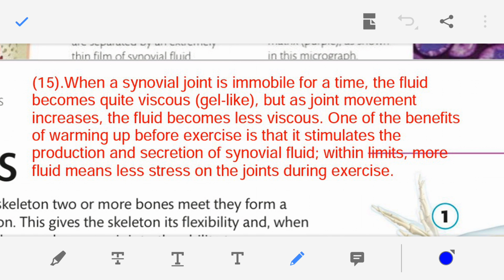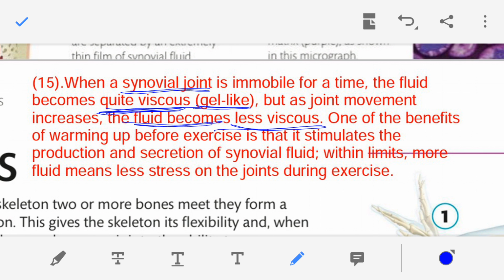So right now in your body there are synovial joints, and since you are stationary at one place, the synovial fluid becomes quite viscous when our body is in resting position. So when our body is at rest, the synovial fluid becomes gel like or viscous. But when we start moving our body, let's say when we walk, run, or jump, the fluid becomes less viscous.